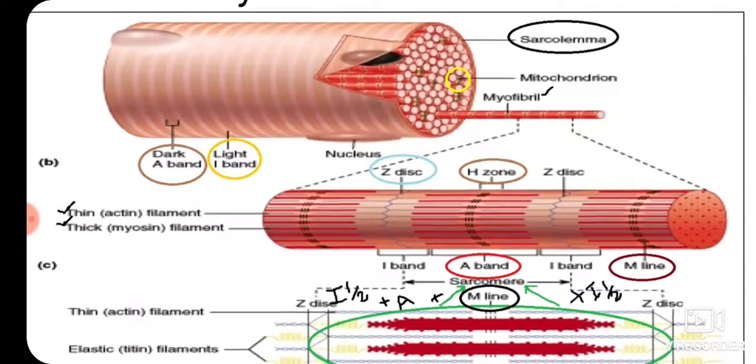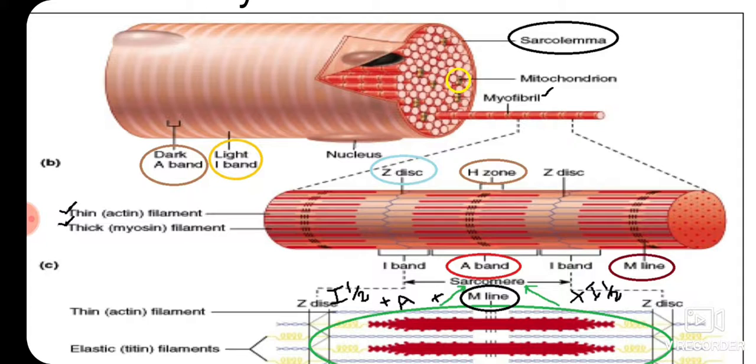Now this is the magnified structure of the myofibril. Here you see the thin and thick filaments. You also see a Z line between the thin filaments that separates one sarcomere from another sarcomere. And here you see an H zone, which contains only the thick filaments.